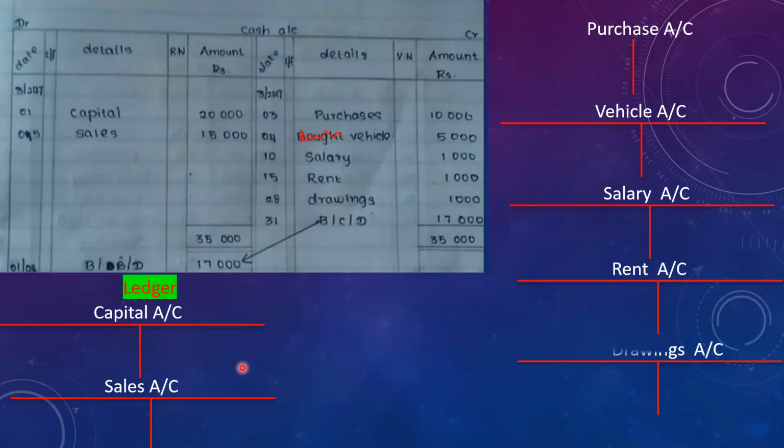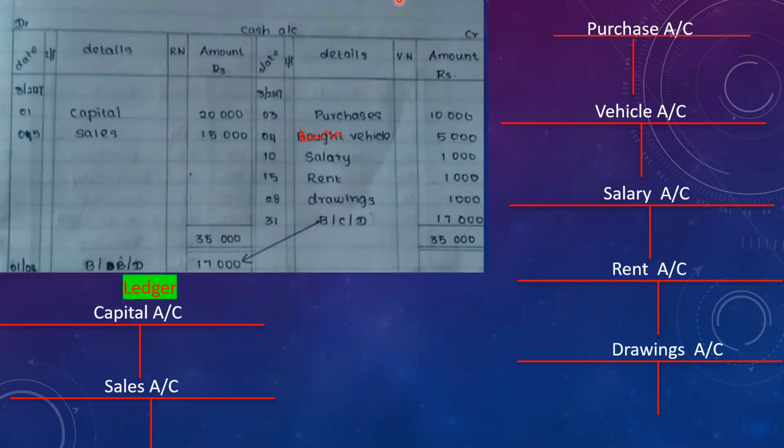These are individual accounts. So when you have many accounts under one place, we call it what? Ledger. So my dear students, how to draw a ledger?